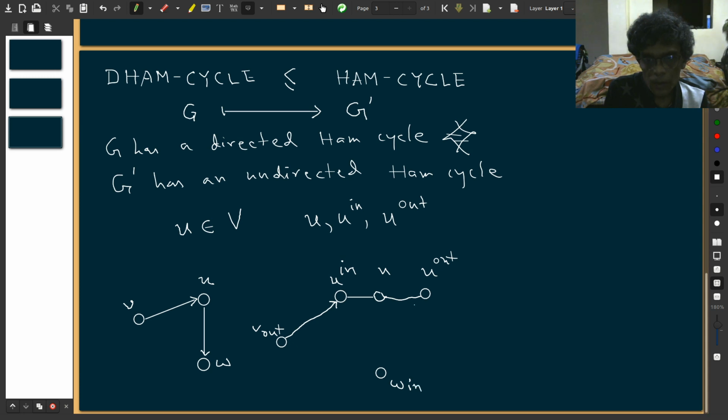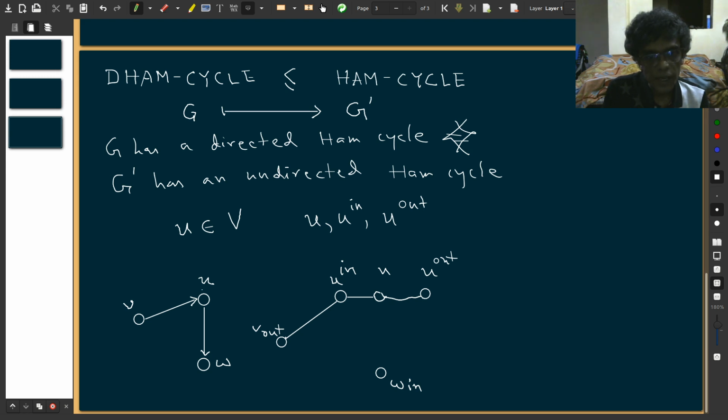Sorry, small mistake. This should not be a directed edge. This is an undirected edge. Sorry. So this will be an undirected edge.